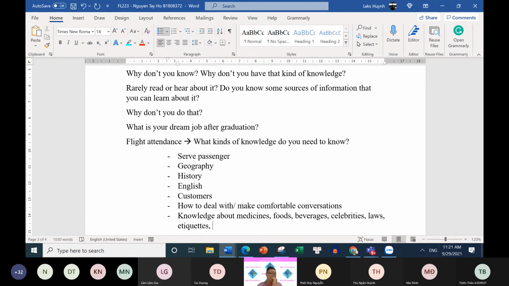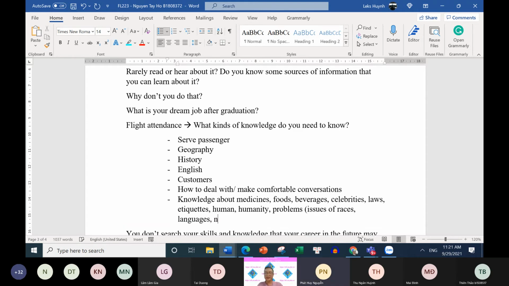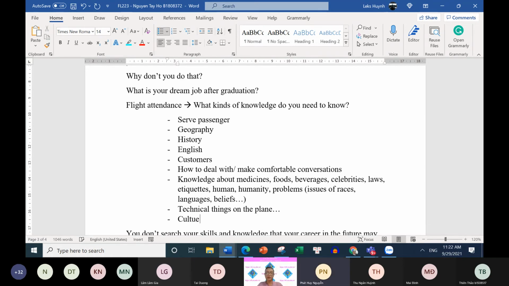You have to have knowledge about humanity, about problems and issues of races, language, belief, etc. There are many things that you have to study, and you have to know technical things on the plane, and you have to know about cultures, about your country, your nationalities.